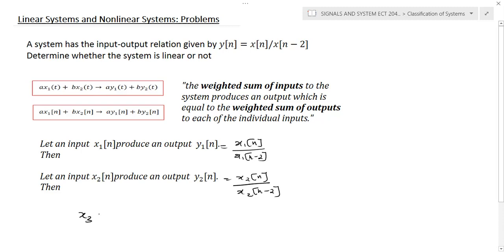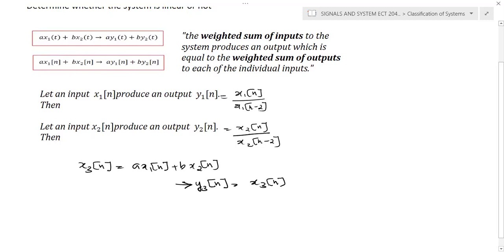And you can consider the third input x3 of n, which is a x1 of n plus b x2 of n, a linear combination of two inputs, and the corresponding output for this x3 of n is y3 of n. So y3 of n can be written as x3 of n by x3 of n minus 2.